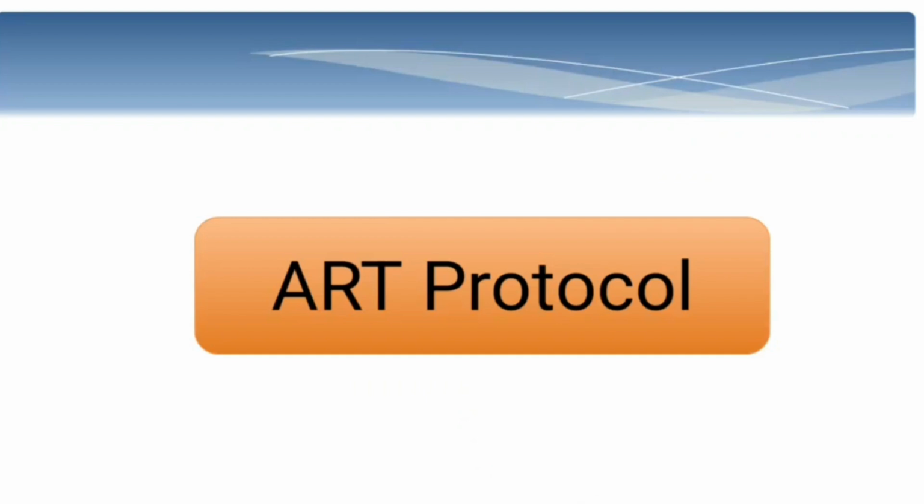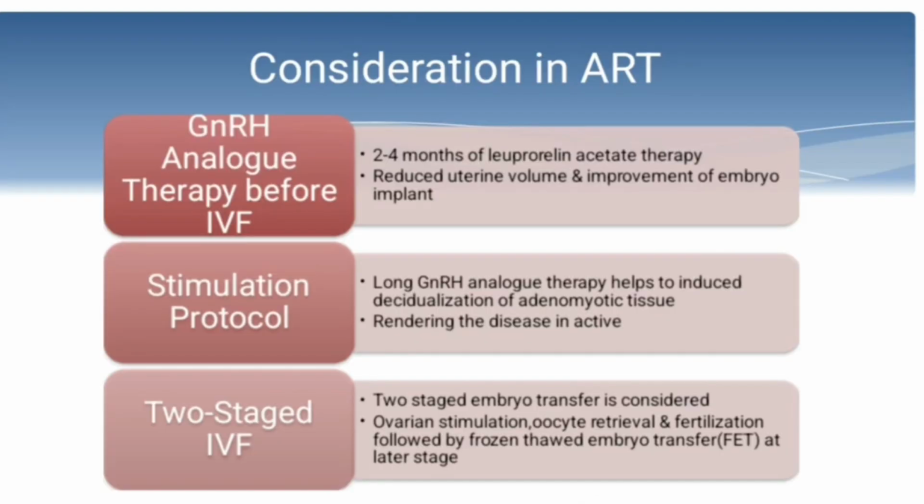Now the important part is the ART, artificial reproductive technology, protocol in case of adenomyosis. What may we do in the ART protocol? First, we can give GnRH analog therapy before IVF, 2 to 3 months of GnRH agonist, that is leuprorelin acetate therapy.